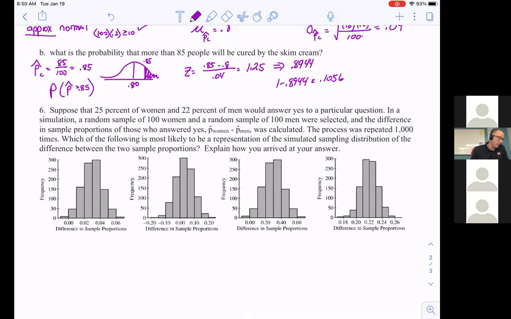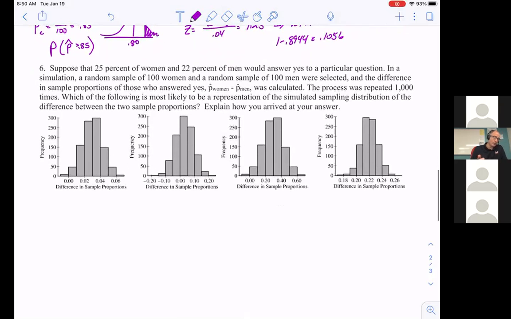Okay, so again, this is walking through what we'd expect this to look like. We'd expect it to be approximately normal. And why? So we have two groups here, and we're talking about 25% of women and 22% of men.